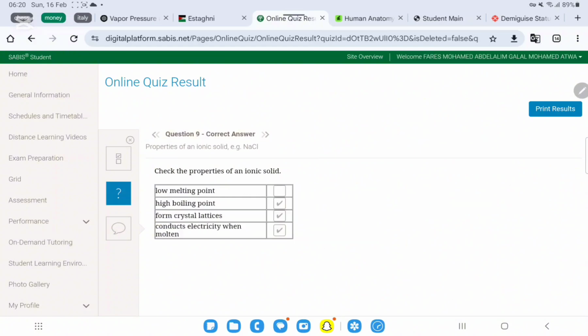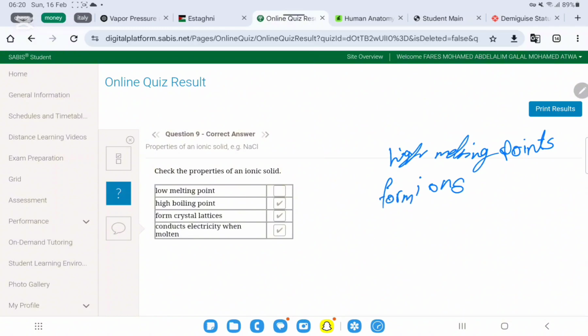Check the properties of ionic solids. Ionic solids are like the total opposite of molecular solids. They have high boiling points and melting points. And almost all of them dissociate into ions when dissolved in water, forms ions.